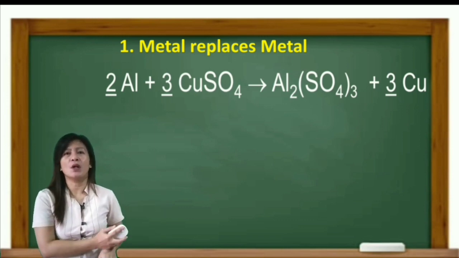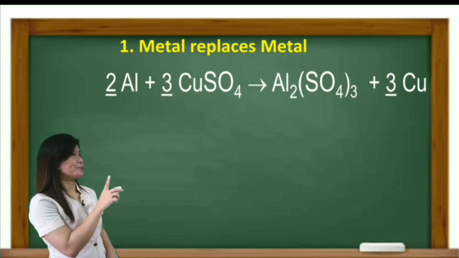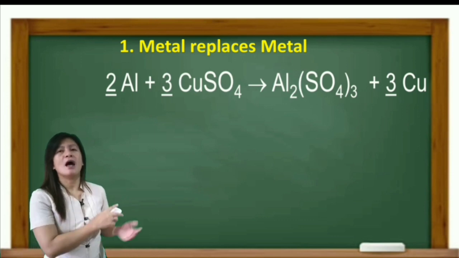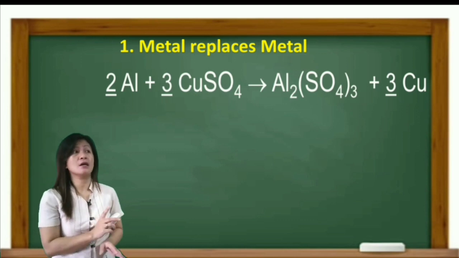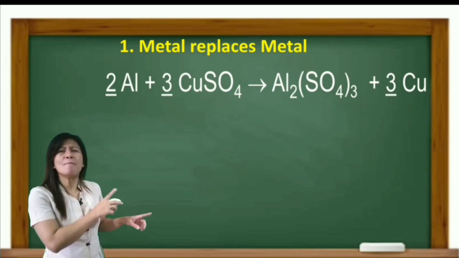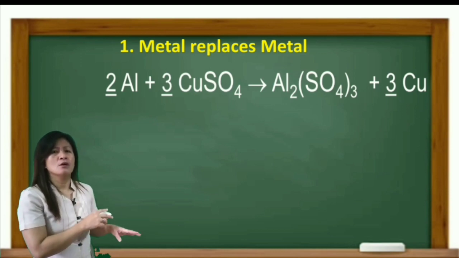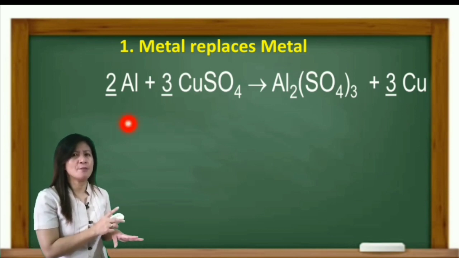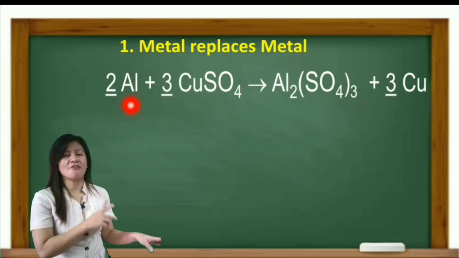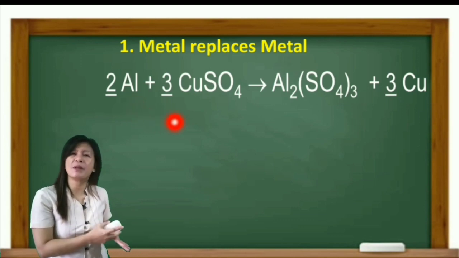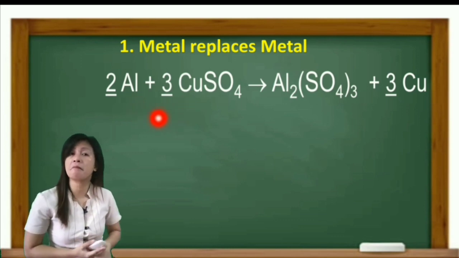Let's have then some examples. So we have here aluminum as the free element combining with copper sulfate. Notice the free element is a metal. So if it's a metal, what it will replace from the compound is also a metal.